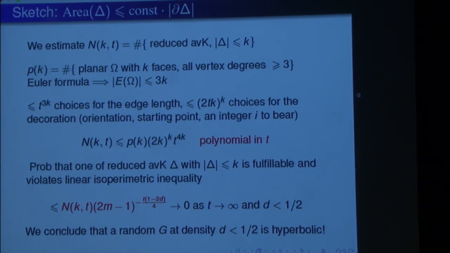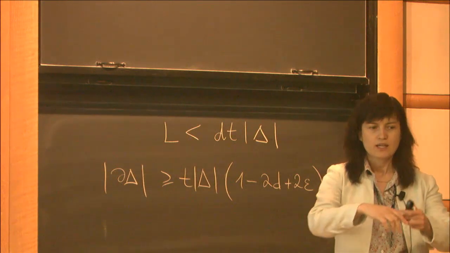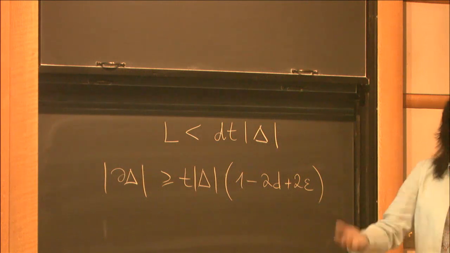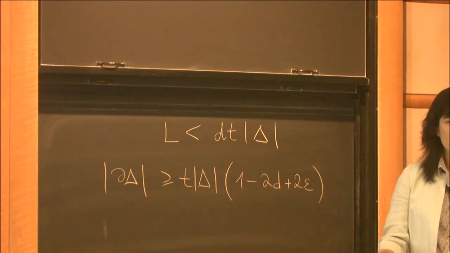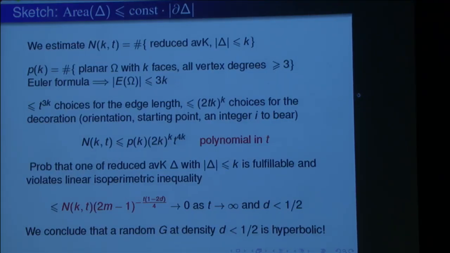We estimate the probability that it can be fulfillable, under these conditions on L. If L satisfies this, then we get a linear isoperimetric inequality. And at the end, we estimated the number of these planar graphs to estimate the number of abstract Van Kampen diagrams. So where is the mistake in the conceptual thinking?